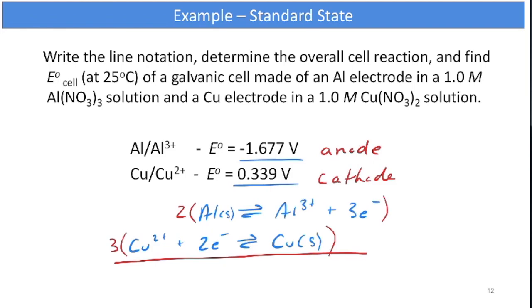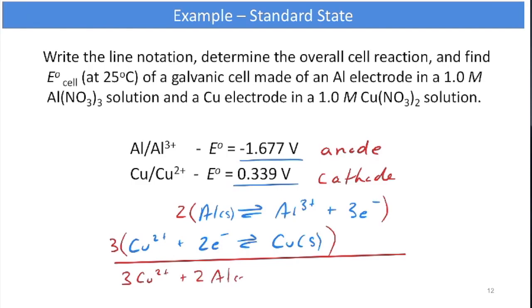When we write the overall reaction, we end up with 3 copper 2+ plus 2 aluminum solid going to 2 aluminum 3+ and 3 copper solid. Since we multiplied the first reaction by 2 and the second by 3, we have 6 electrons for each of the reactions, so the electrons cancel out. Remember that is a requirement for writing an overall reaction, because we can't have excess electrons just hanging out in the middle of nowhere.